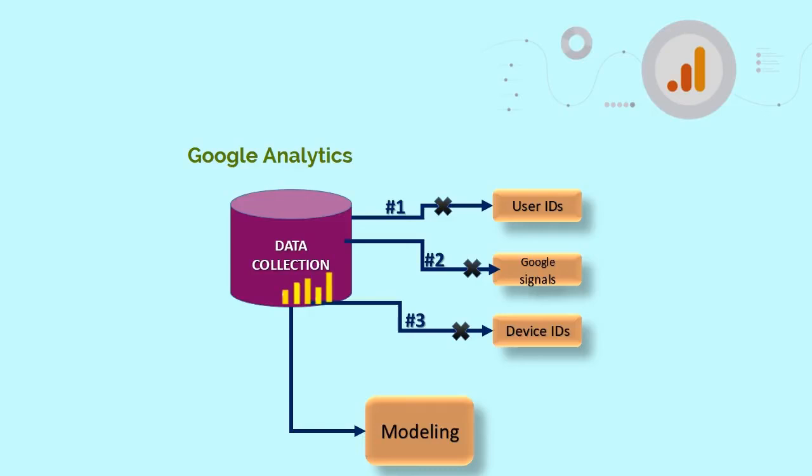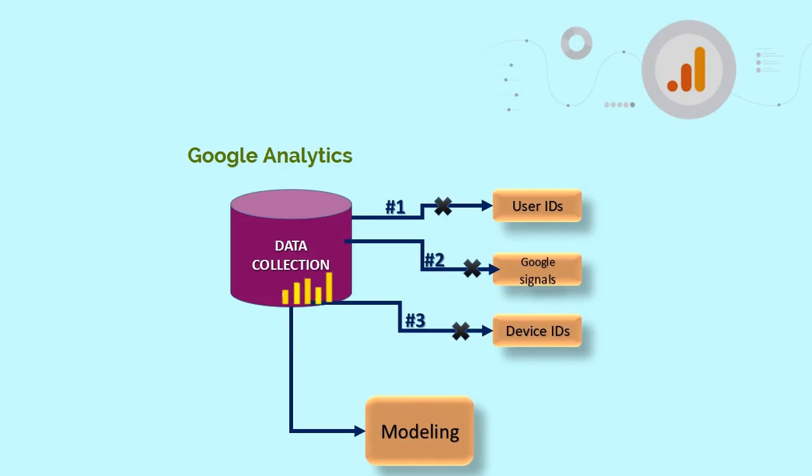If it cannot use the user identity space, it will use Google signals. If users are not logged into their account, Google Analytics will use device IDs. Since device IDs cannot provide enough information to deduplicate or measure user journeys, Google Analytics may use modeling if you have enabled it.